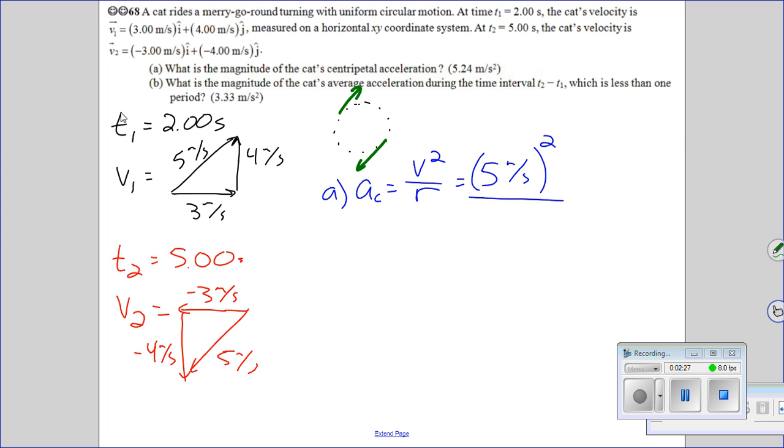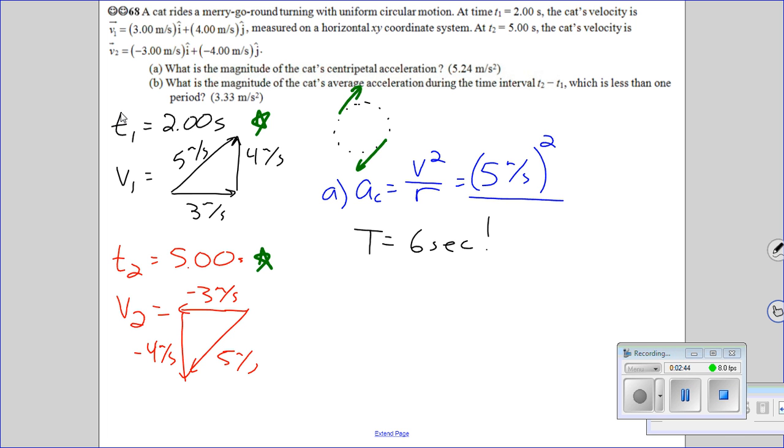So in the time that elapses between 2 seconds and 5 seconds, we've gone halfway around. So 3 seconds is half of our period, so that tells us that our period must be 6 seconds. Aha!